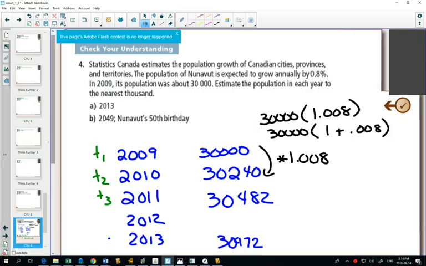And I want you to be careful with this, because if I do 2010 minus 2009, what number do I get? 1. And which term is 2010? Term 2. If I do 2013 minus 2009, I get 4. But what term is 2013? Term 5. So 2049 minus 2009 is 40. What term will it be? Term 41.